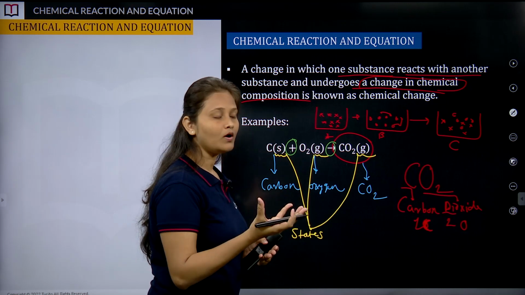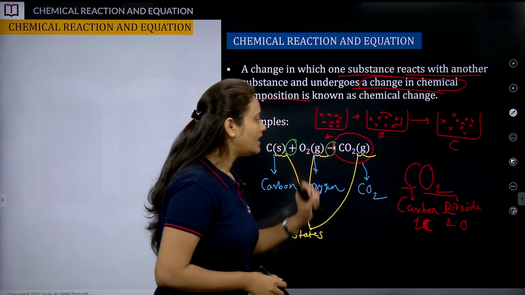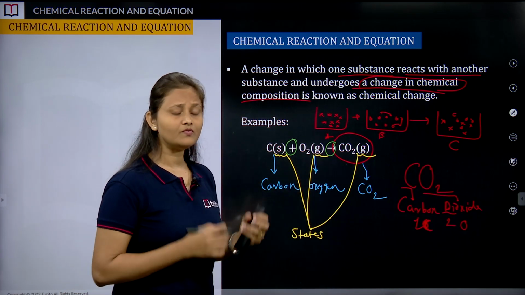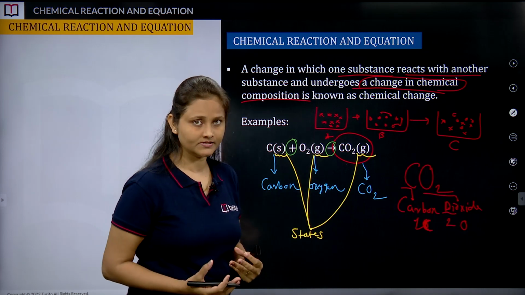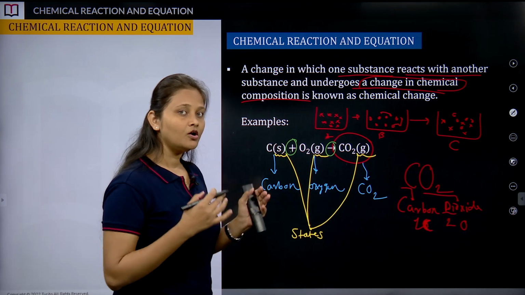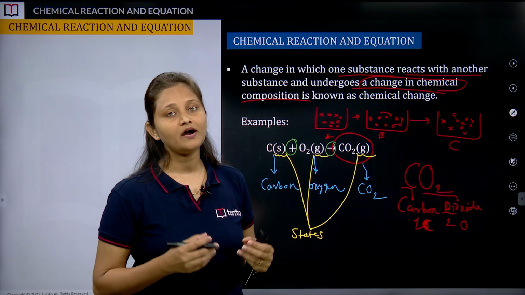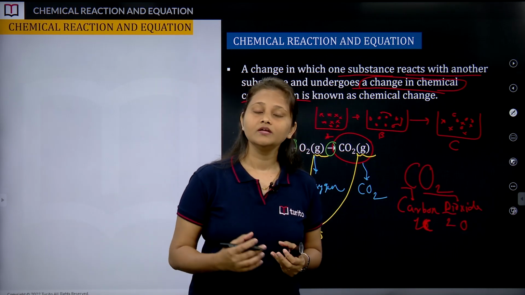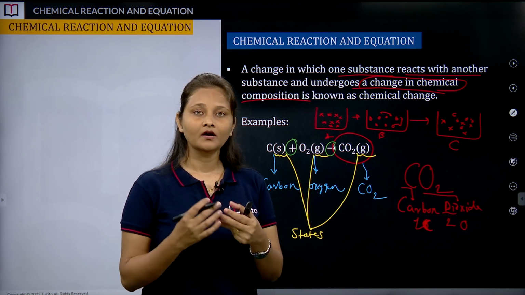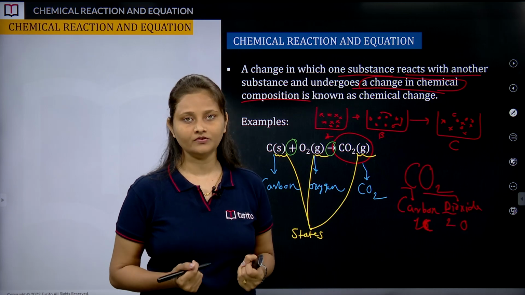yield CO2. So we now have carbon dioxide, which is in gaseous state and has its own set of properties. Carbon solid has its own properties, oxygen as a gas has its own properties, and when these two combine with each other, we get CO2, carbon dioxide, which is an altogether new substance with its new composition.